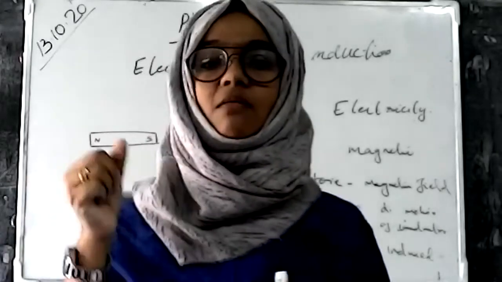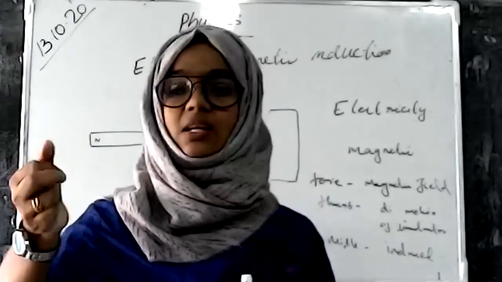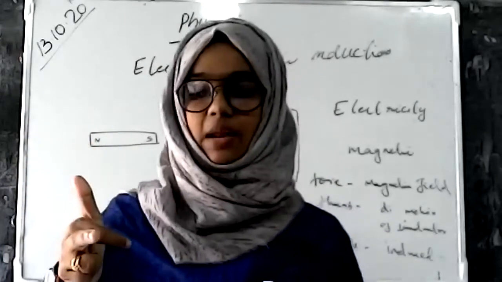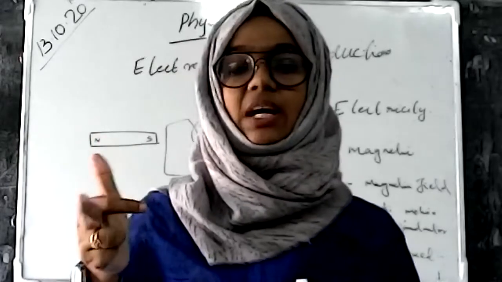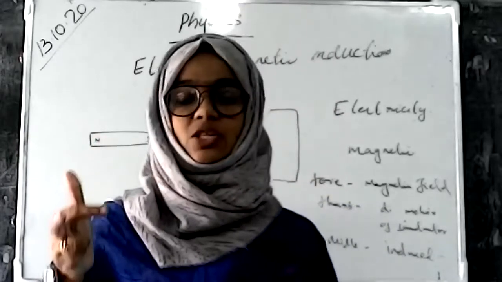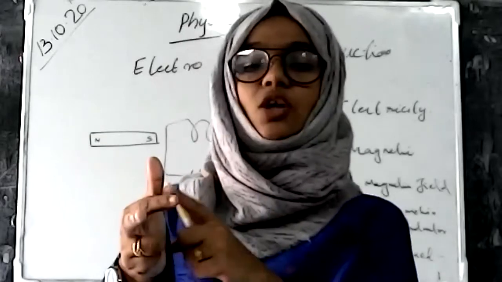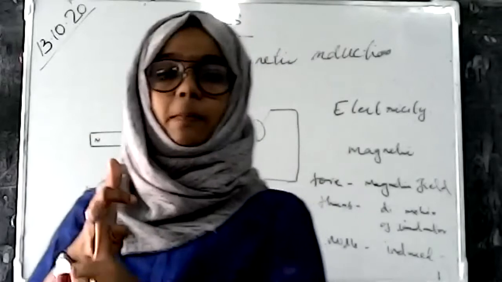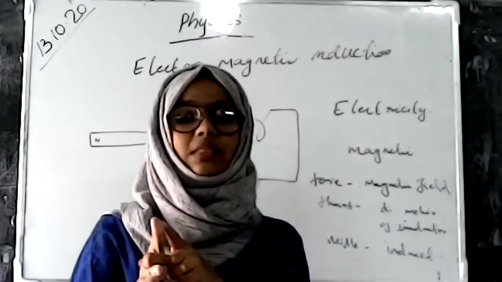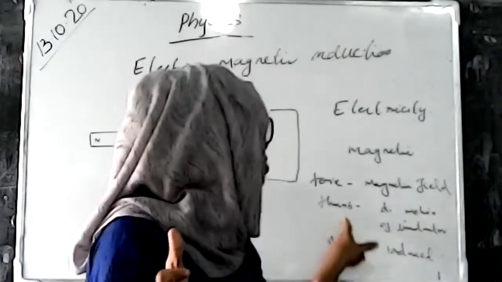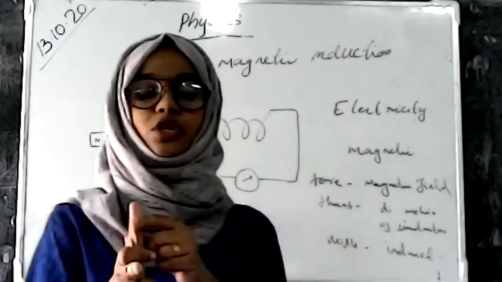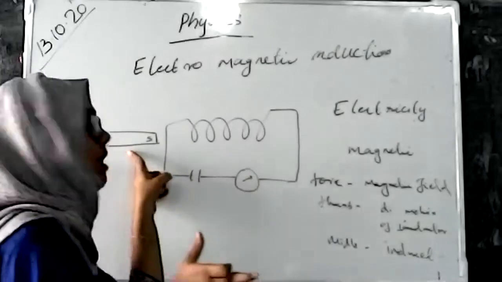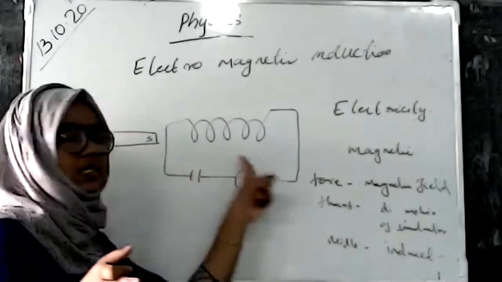Fleming says to take the three fingers of the right hand: thumb, middle finger and forefinger. And he says that each of these fingers has a property. The first, the thumb, shows what? The thumb shows the direction of motion of the conductor. That is, here we are moving the bar magnet into the solenoid.